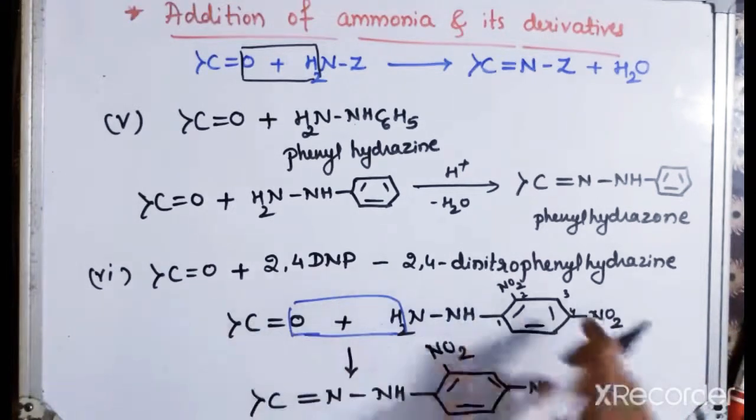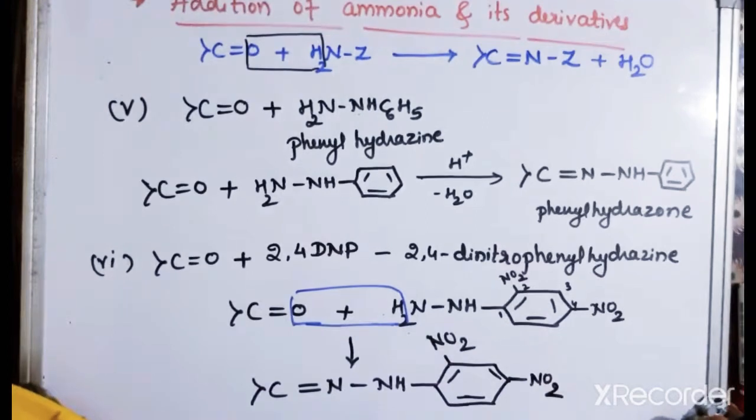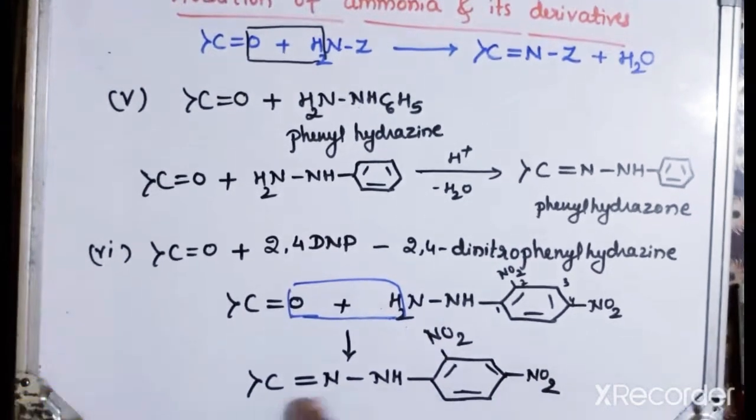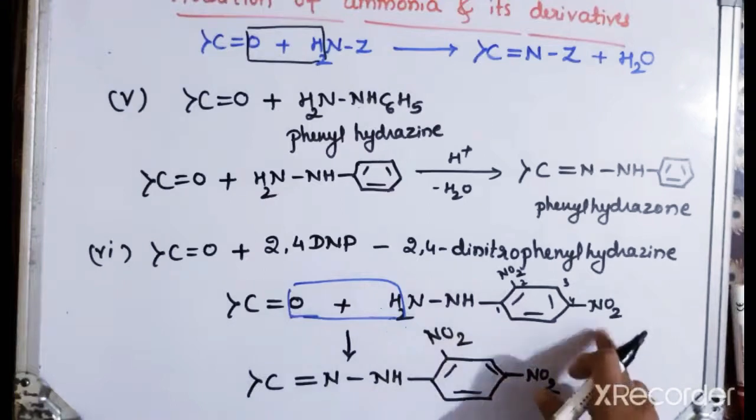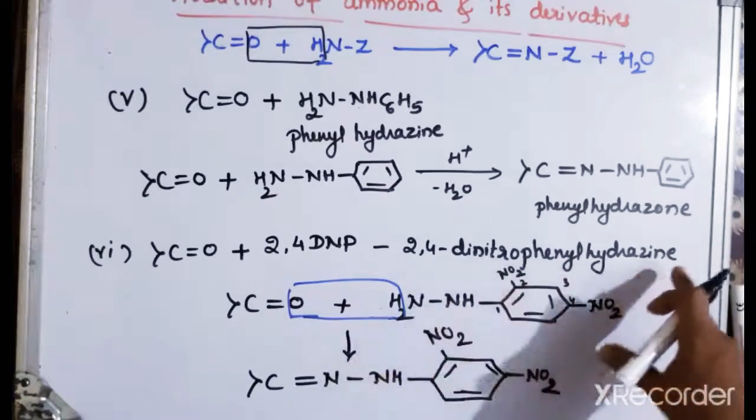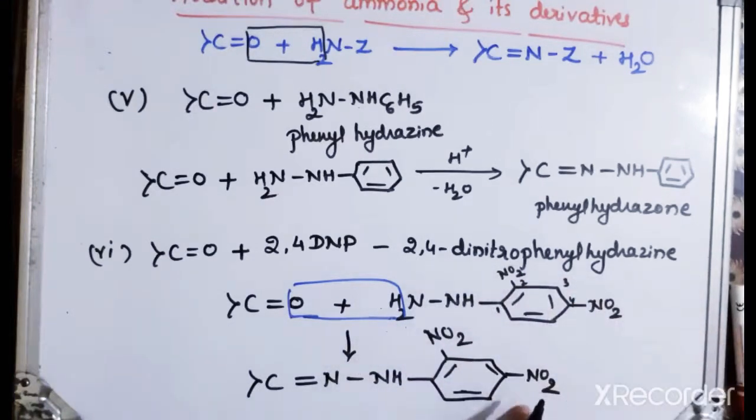Aldehydes and ketones react with 2,4-dinitrophenylhydrazine to give 2,4-dinitrophenylhydrazone, which is an orange crystalline precipitate formed in this reaction.